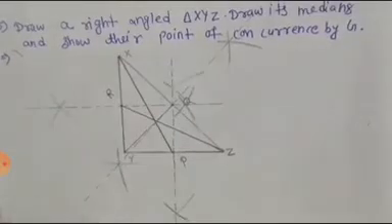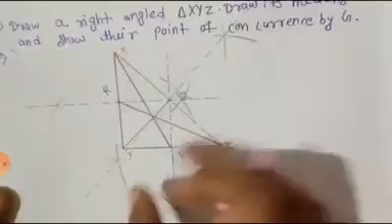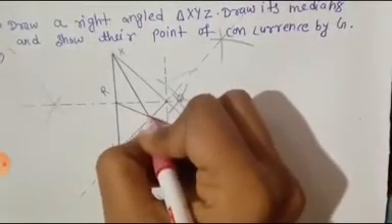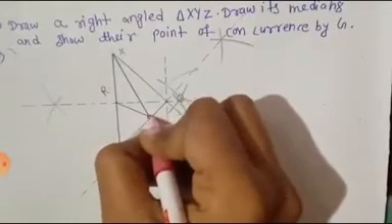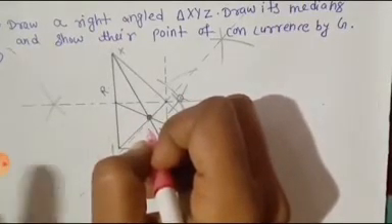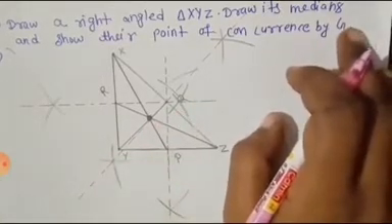Hope you people understood question number 5. Construct this question in your fair notebook properly, and if you have any problem, just ask me. The point of concurrence of medians is denoted by G and it is called the centroid.